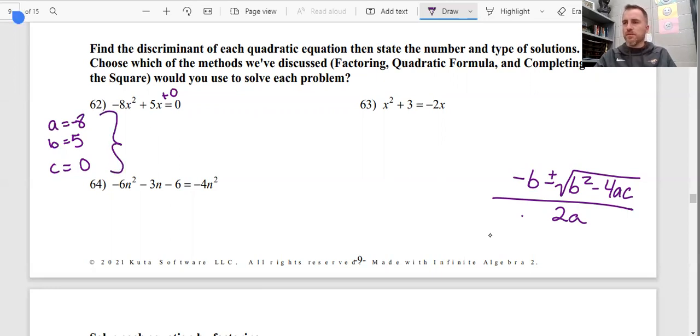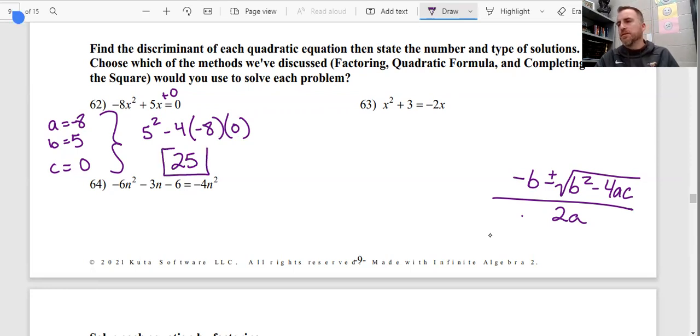We will do 5 squared minus 4 times a, which is negative 8, times c, which is 0. Anytime you multiply by 0, what do you get? 0. So it's just 25 minus nothing, which is 25. 25 is a positive number, and so it tells us that we will have 2 real solutions.